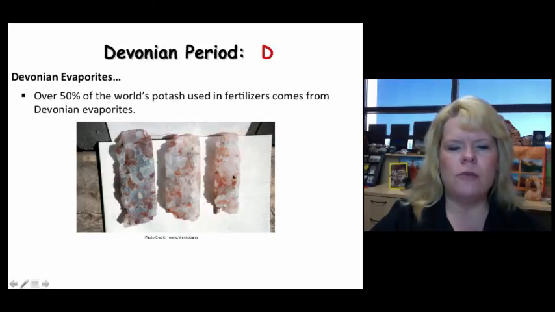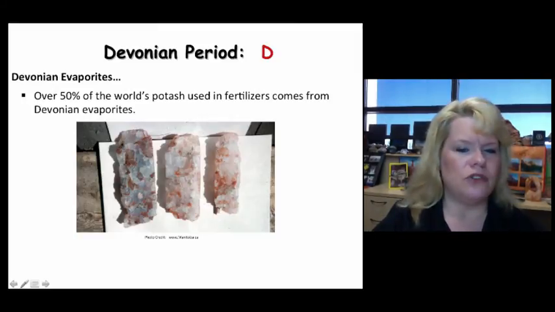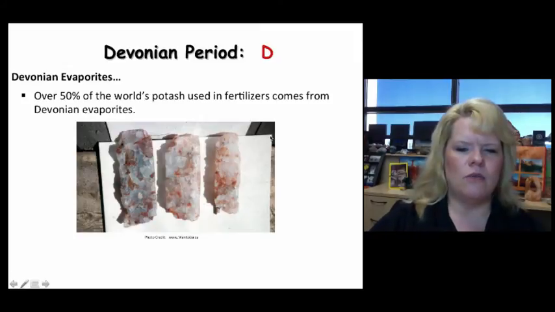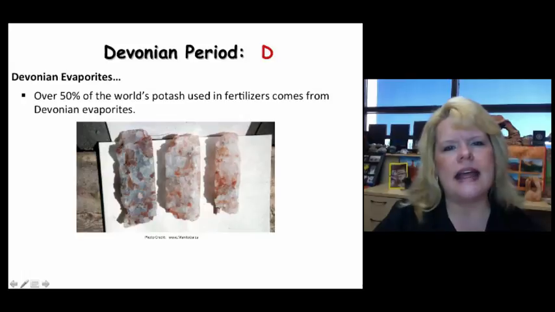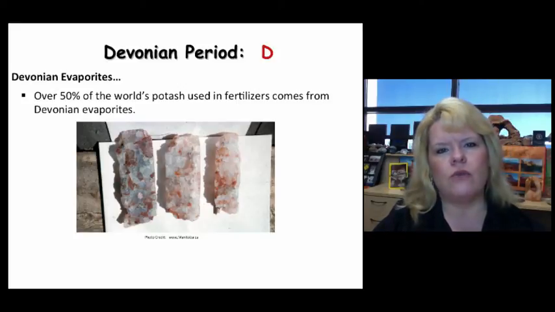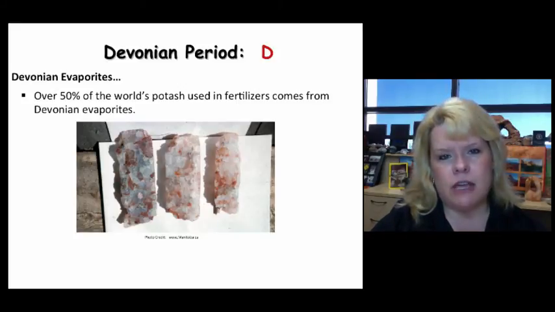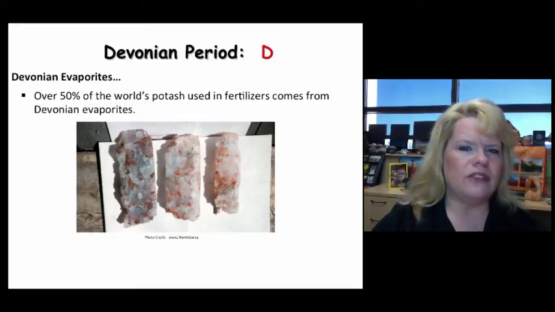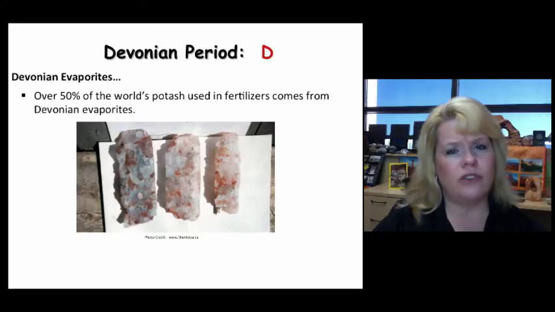The salt's in here, and they're going to extract this material out and get the actual potash, which is the reddish material mixed with the white, and make it into what's in your fertilizers. So potash is extremely important for agricultural use and for general landscaping use. Realize that the Devonian produced lots of potash while the Silurian produced lots of halite.